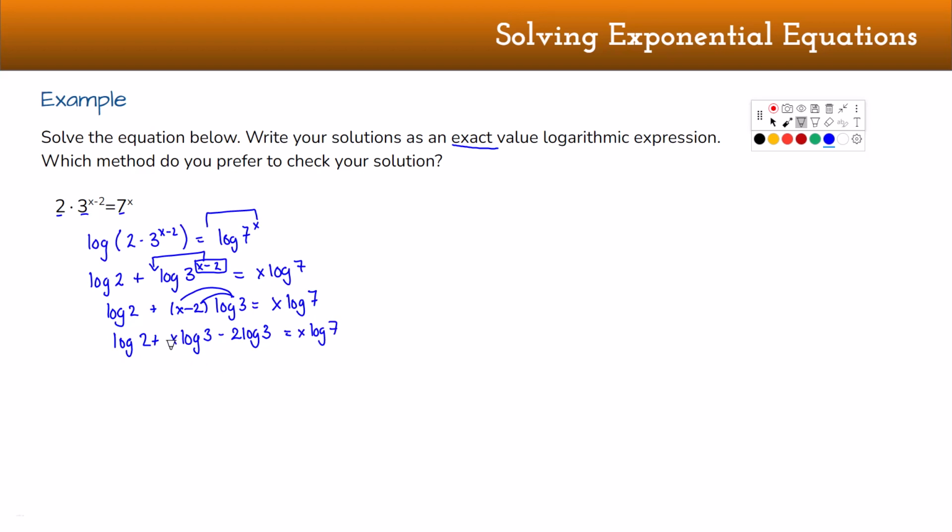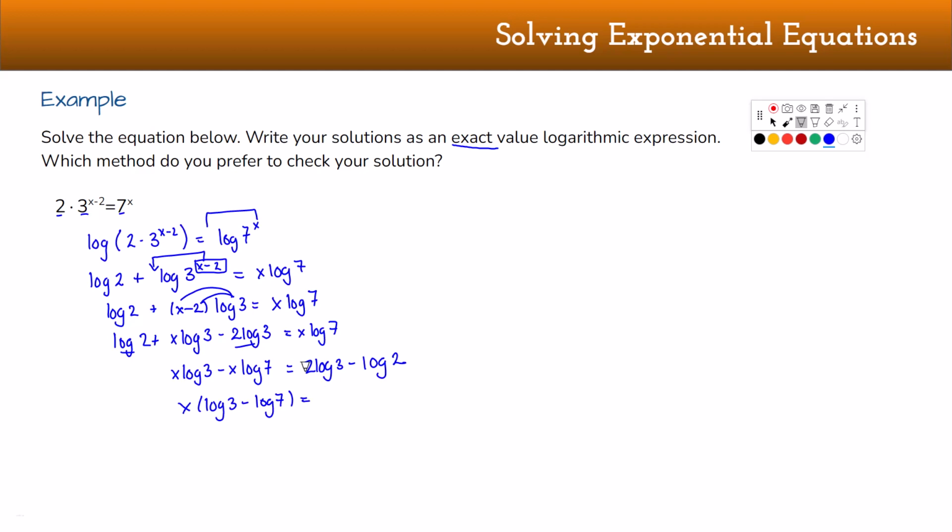So this means on this side, I'm going to have x log 3 minus x log 7. And then this term and this term have to come over to the other side. Therefore, the signs get flipped. So this is x log 3 minus log 7.